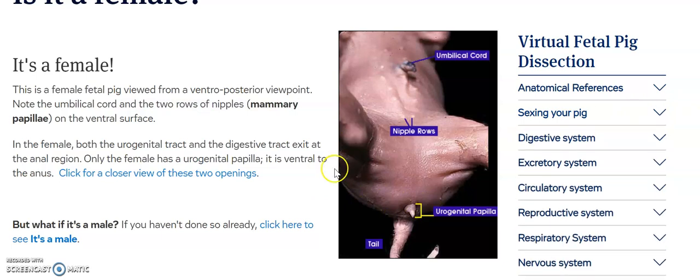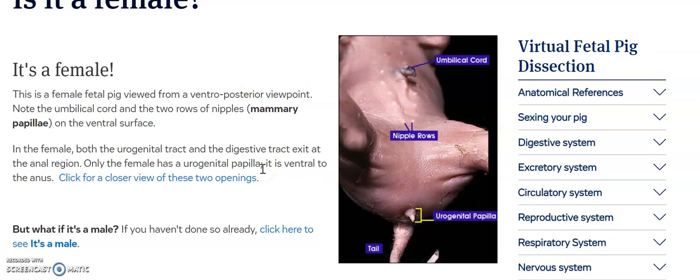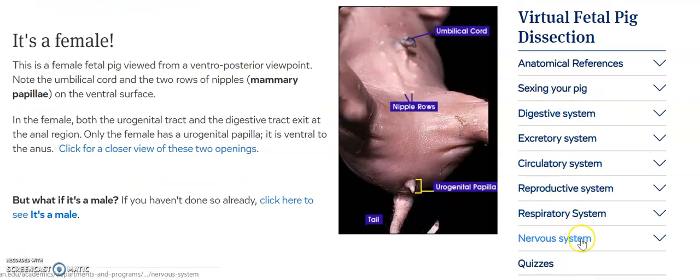So that's just a brief intro to what we're going to go over and how these dissection videos are going to go. As we get more into our different body systems, we'll go through each of these tabs. Feel free to explore.